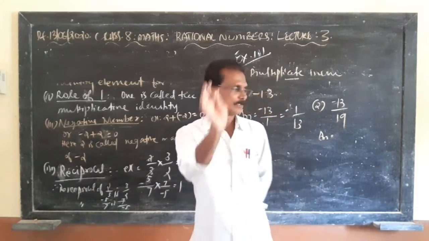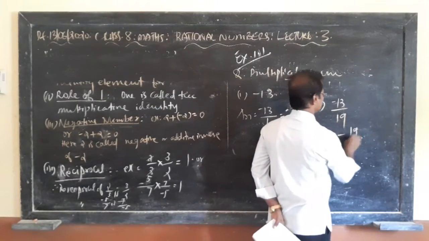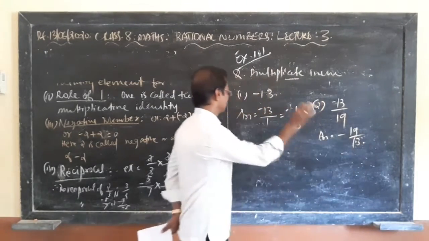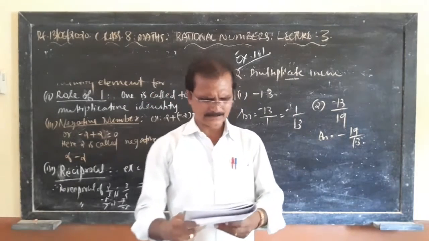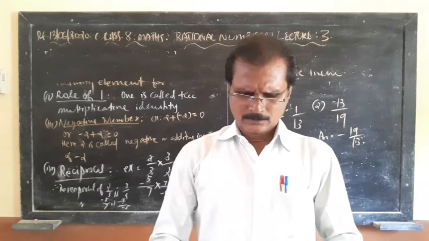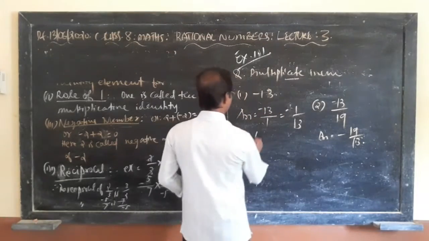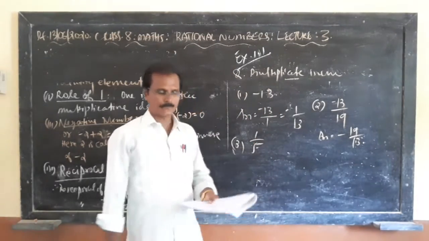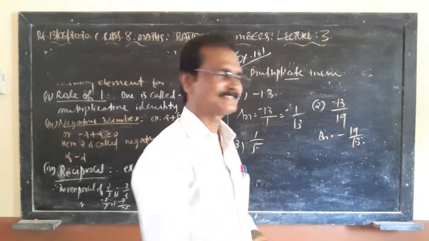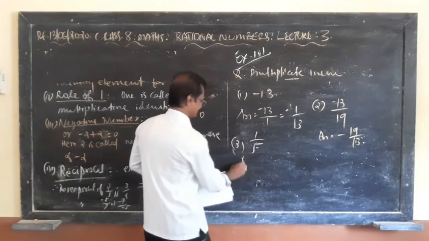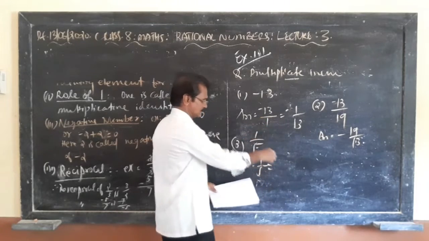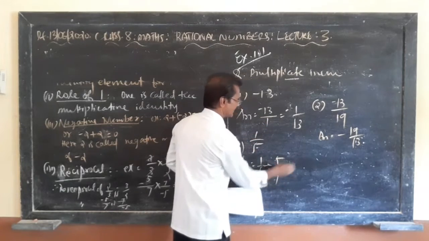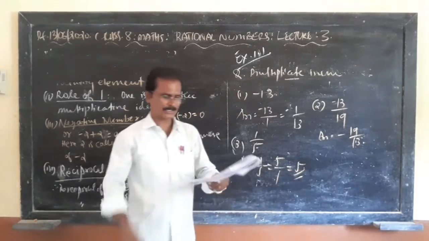Inverse means minus 19 upon 13. Then the third question, third one is 1 upon 5. What is the answer? 1 upon 5 changes to 5 upon 1, that is 5 divided by 1 equal to 5.